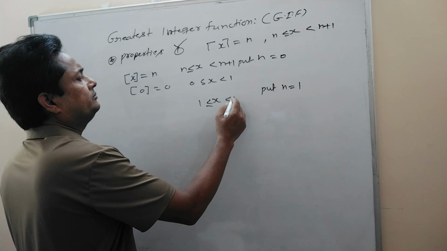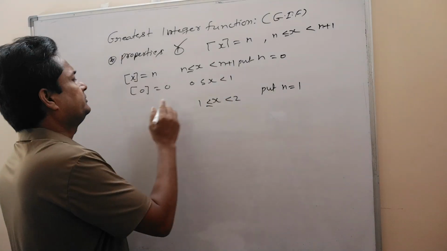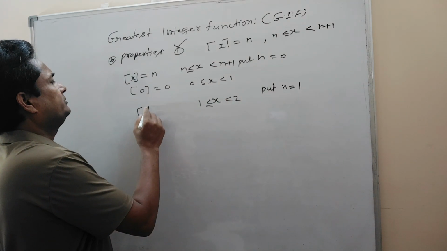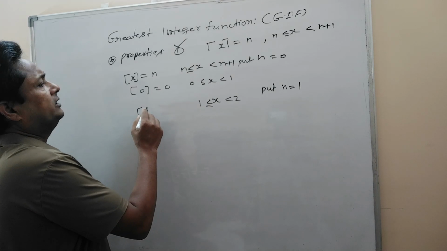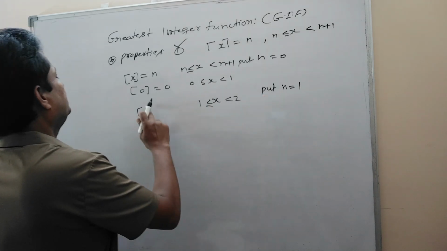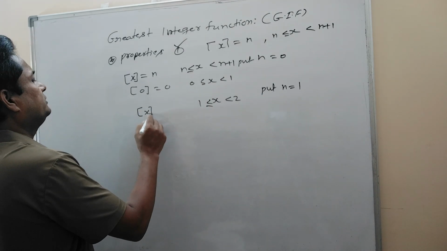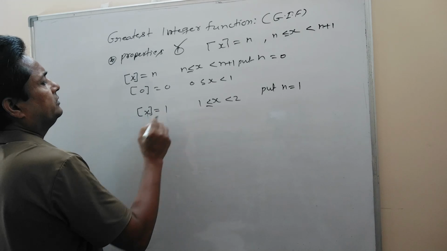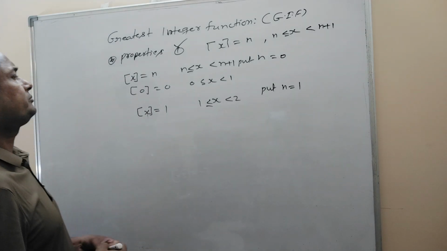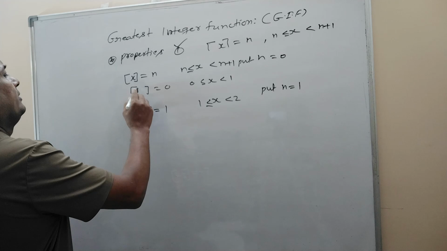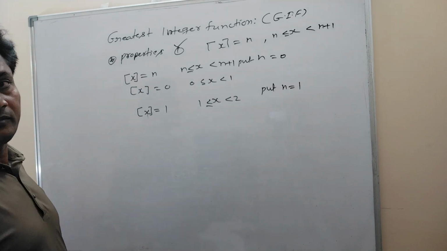Less than or equal to, and less than 1 plus 1, 2, and this value will be, if you put n is equal to 1, then greatest integer of this one will be what? This one will be 1. Right.